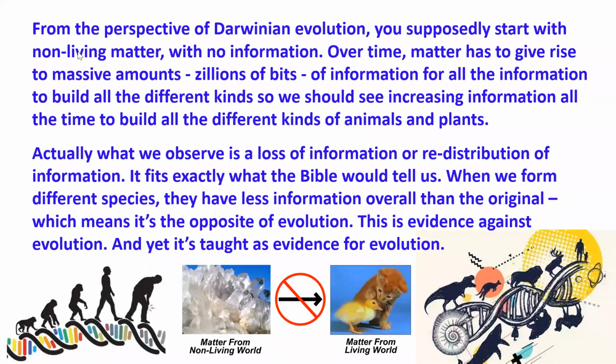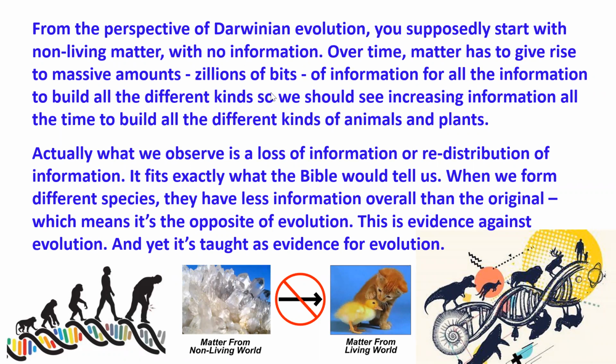So, from the perspective of Darwinian evolution, you supposedly start with non-living matter with no information, right? If we are following evolution, over time, matter has to give rise to massive amounts of information, zillions of bits of information.